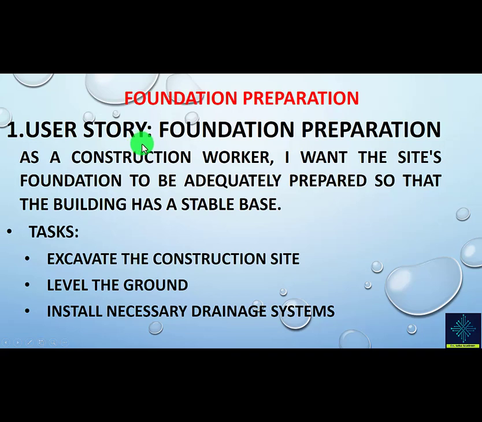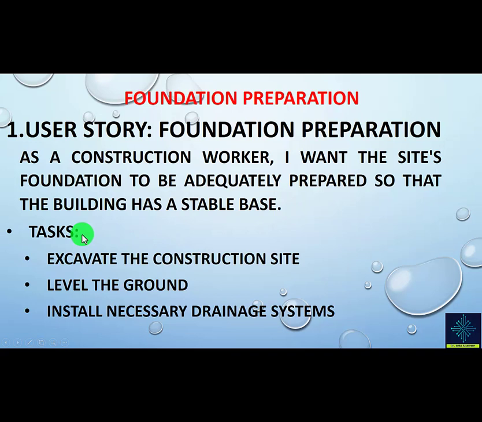So let's start with some examples that we might include in a backlog. Let's start from the foundation and talk about foundation preparation. For example, the user story: as a construction worker, I want the site's foundation to be adequately prepared so that the building has a stable base.